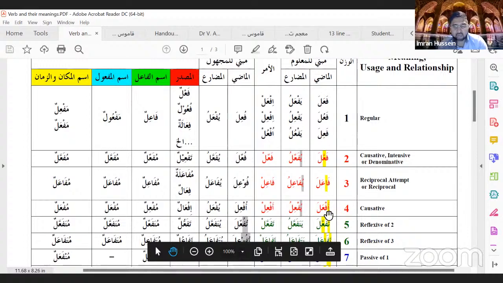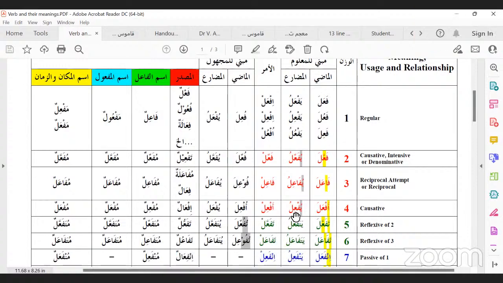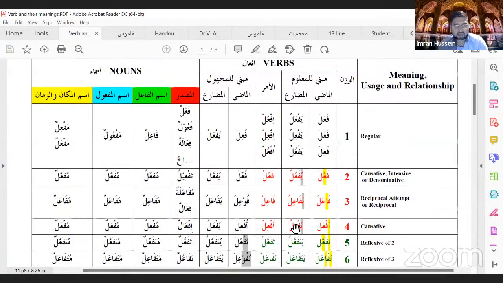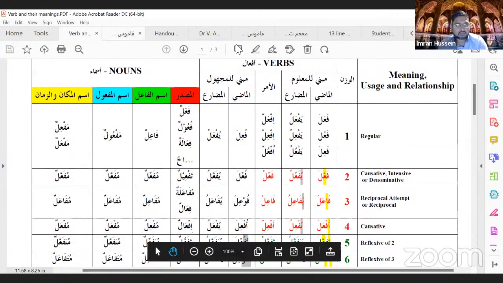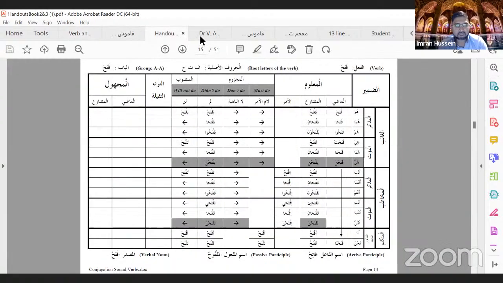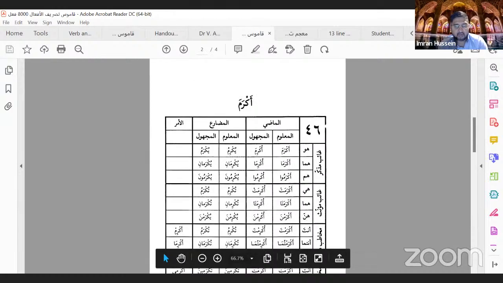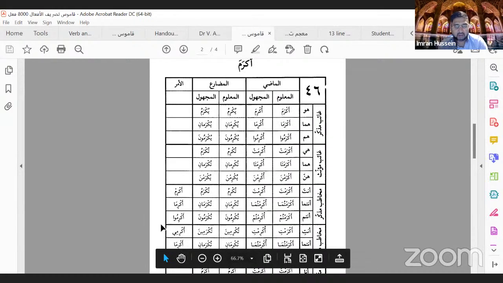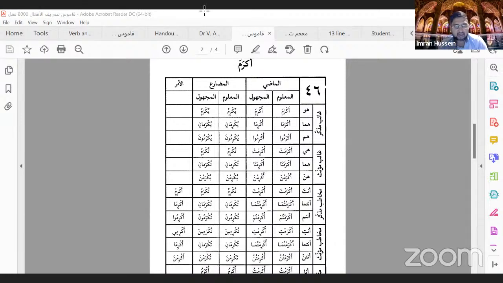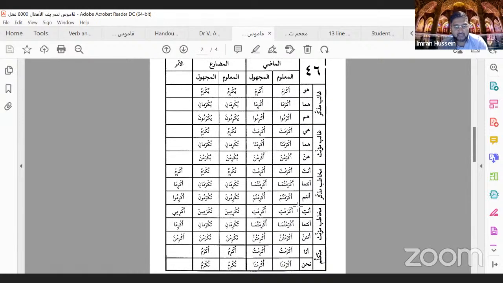So this one here, af'ala. The present tense is yuf'alu. Now, if I give you an example, the reason I need to do it vigorously and thoroughly is that the Quran is full of verbs, and changes of the verbs change the meaning of the whole sentences.